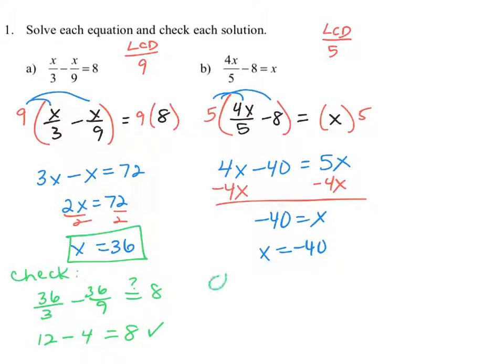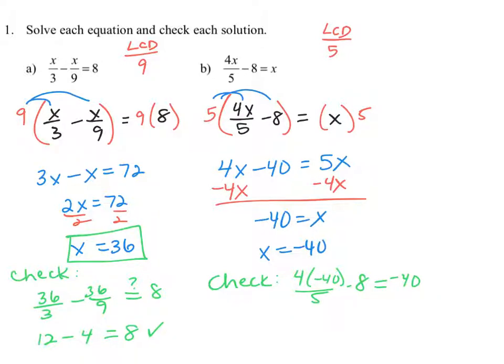We also want to check our answer by plugging in negative 40 back into the original equation to get 4 times negative 40 divided by 5 minus 8. Check to make sure that that is equal to negative 40.